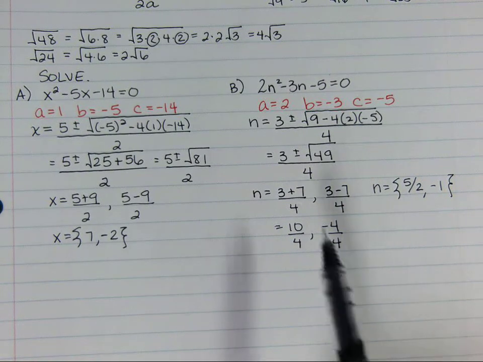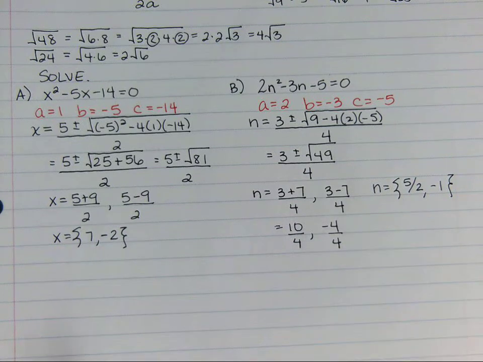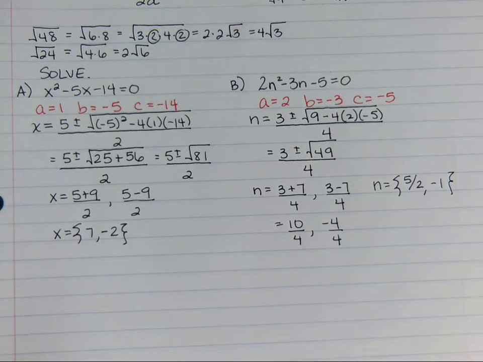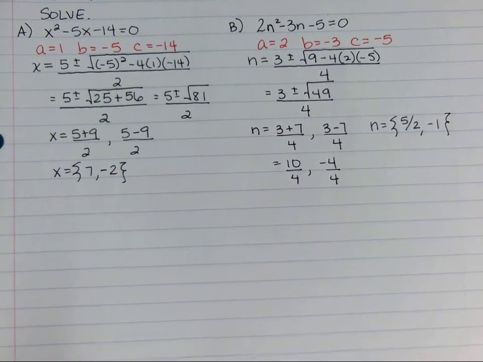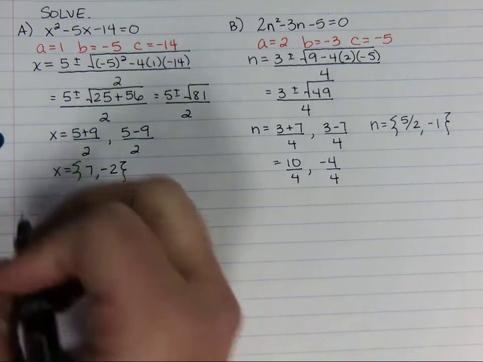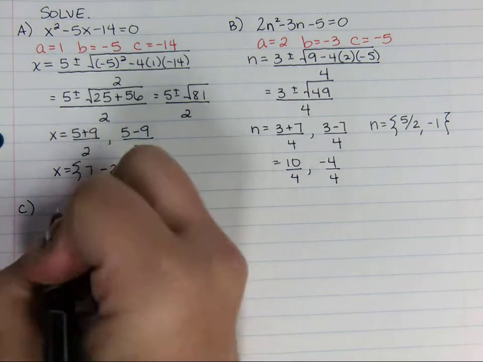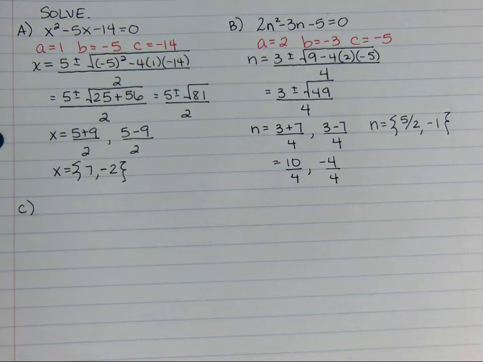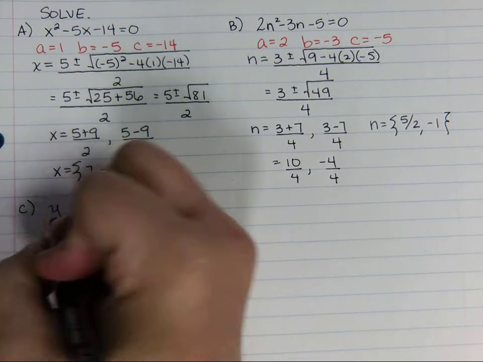All right, so we're going to go through the same idea as A and B for your last example, but it's going to be one where it's specifically not going to be a perfect square. Let's see, I need a different variable. I'll just use y.